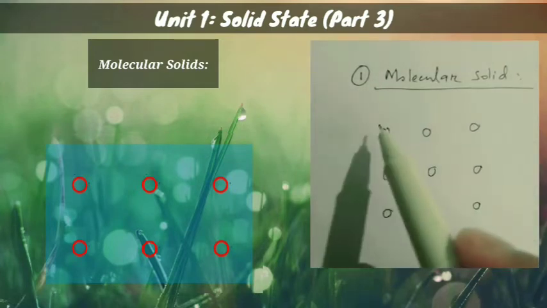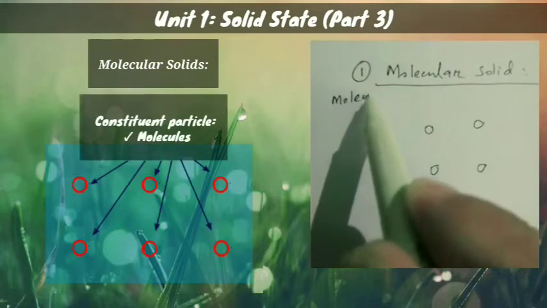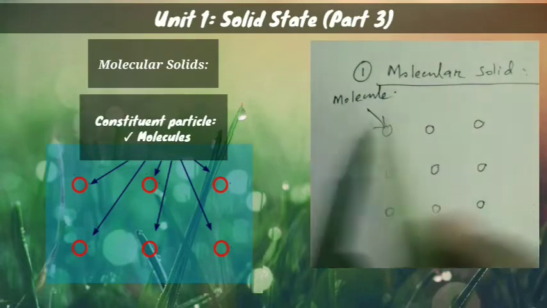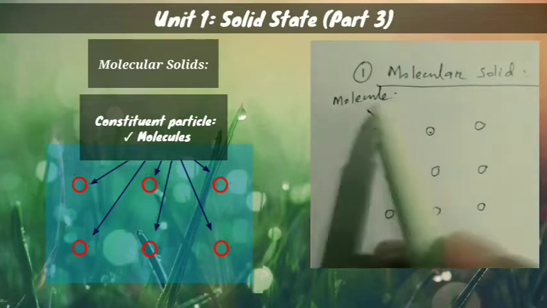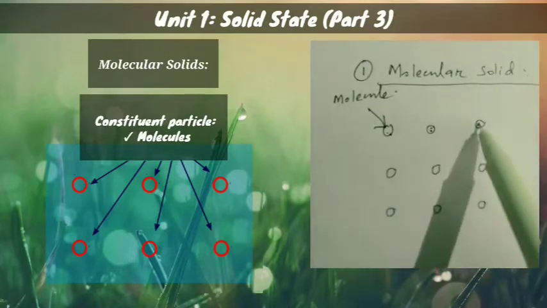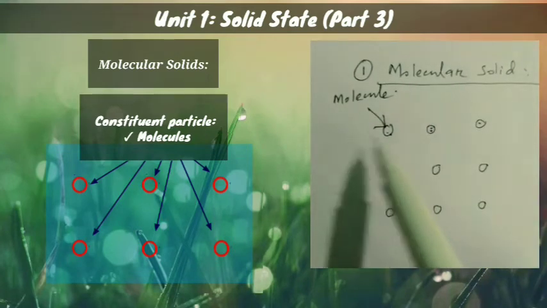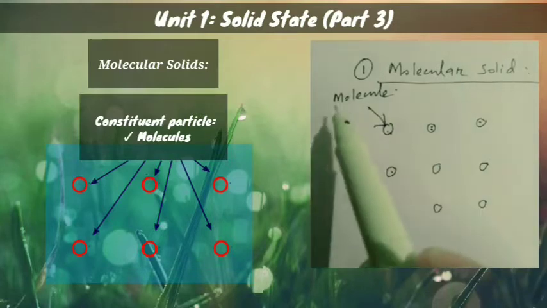The constituent particles will be molecules. So this is one molecule, this is one molecule, the same molecule. If it is hydrogen, this is hydrogen, this is hydrogen, so all the particles or constituents are the same molecules.